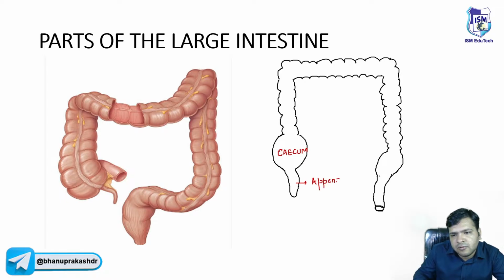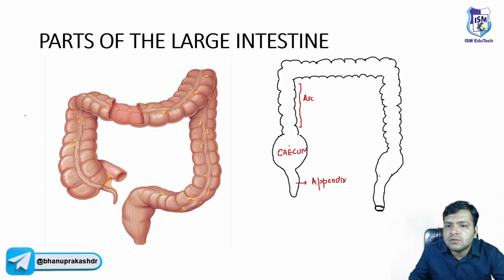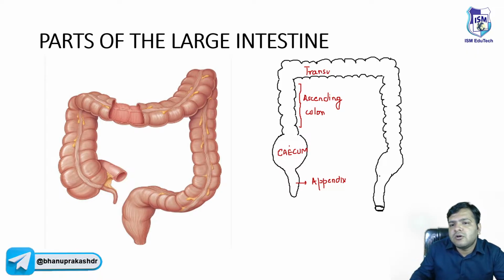Appendix. उसमें भी मार्क करेंगे बेटा, no need to worry. This is the ascending colon. ऊपर की तरफ जा रहा है ना बेटा, बिगनिंग यहां से, तो ऑब्वियसली दिस इज ascending. Now this is the transverse colon.